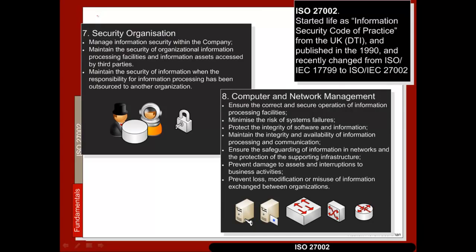We can have organisational security, and that's generally how the whole organisation is set up, such as who's responsible for any security incident. A key area is related to computer and network management, and that's to make sure that all the devices are secure and there aren't any interruptions to the business activity.